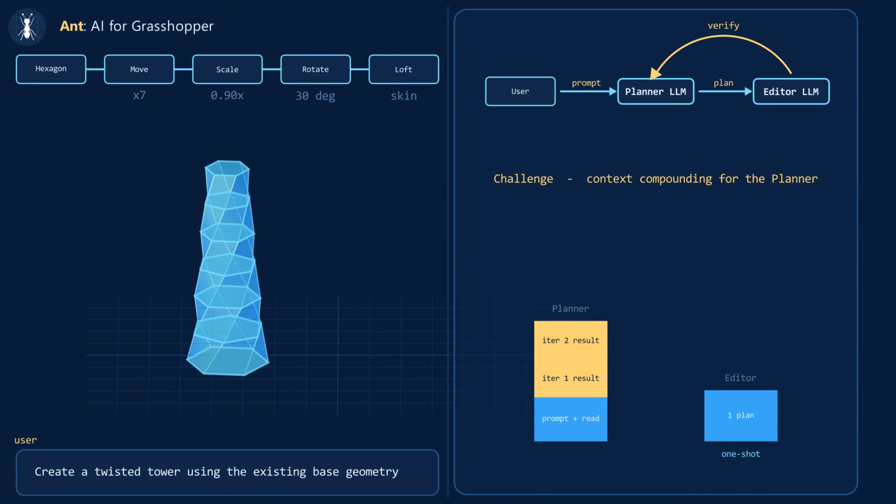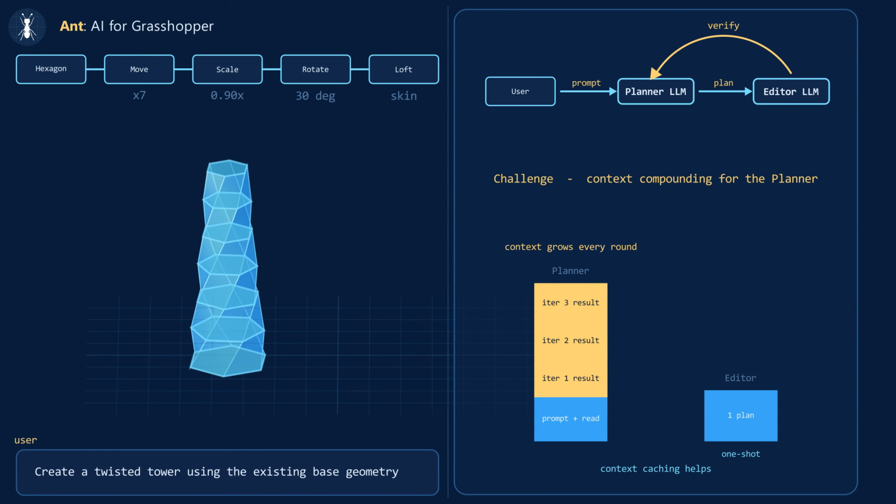So the results of each iteration are sent along with the input to every subsequent planner call. And with this, the context can compound significantly. A lot of LLM models support context caching to deal with this issue. Despite this, the feedback loop lends a lot of robustness to the overall performance of the LLM framework.